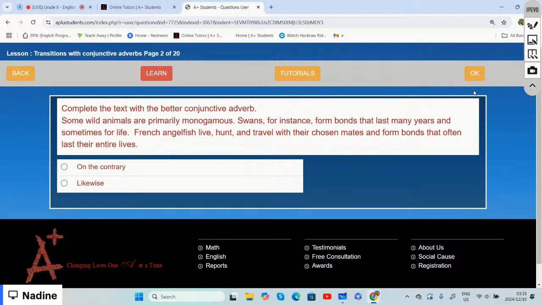Well done. The next one says some wild animals are primarily monogamous. Swans, for instance, they form bonds that last many years and sometimes for life.